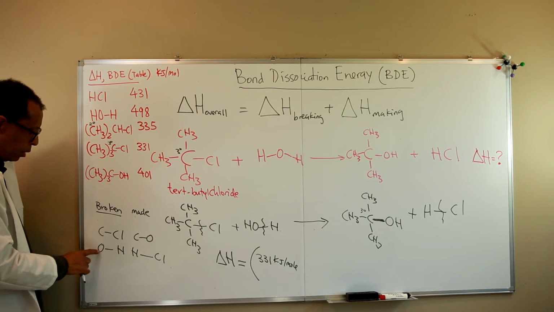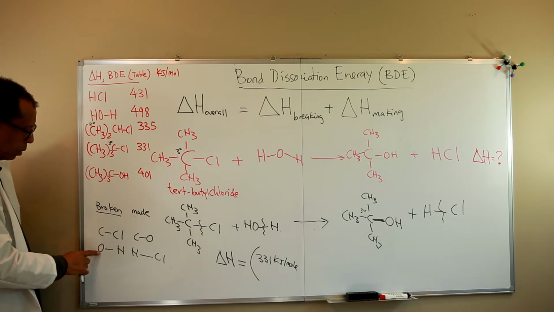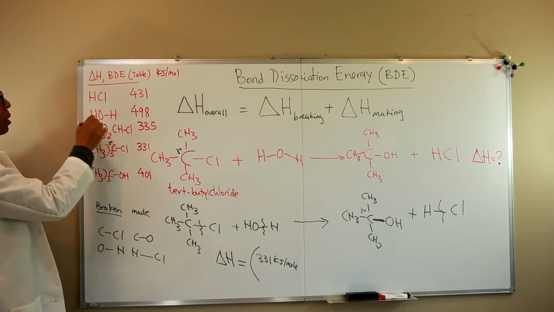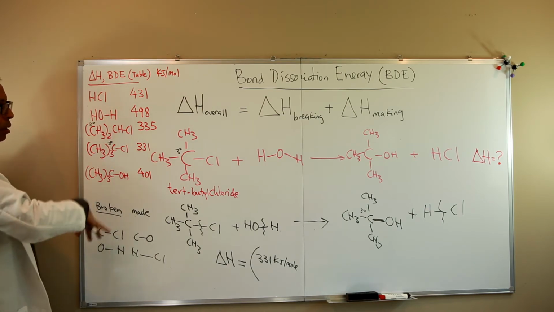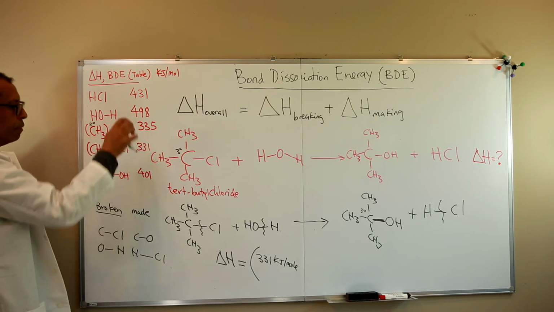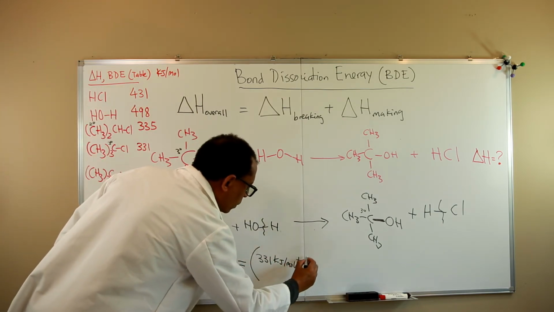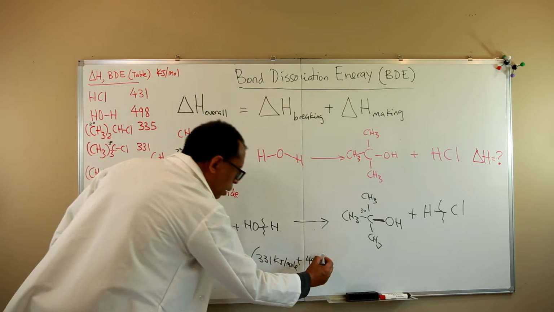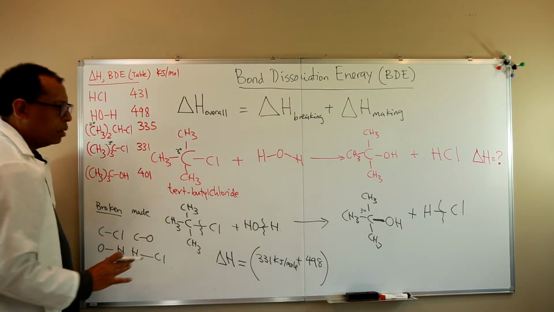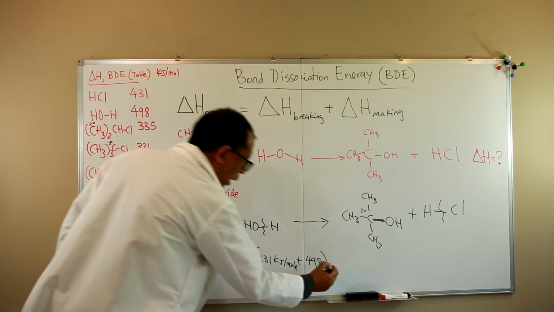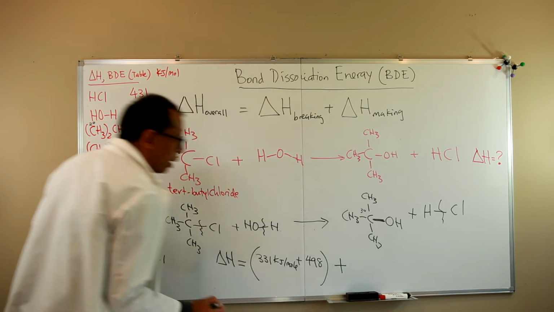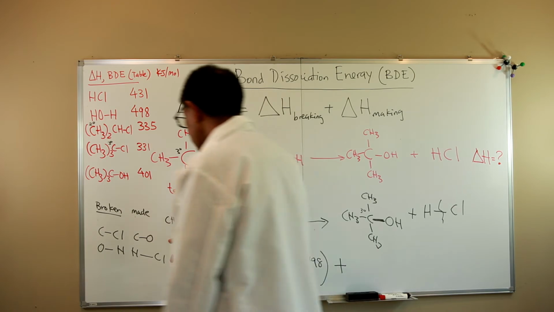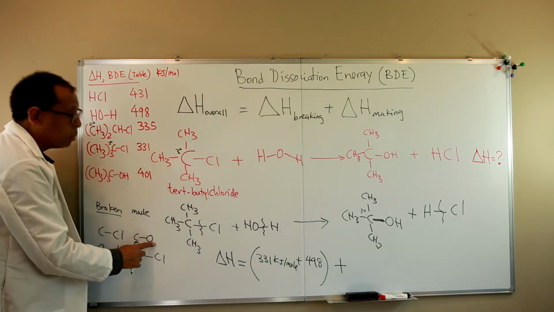Another bond broken in water is the oxygen-hydrogen bond, which is this one. You get these values from tables. It is 498. So these are all bonds broken. Plus, bonds that are made: carbon-oxygen is made.